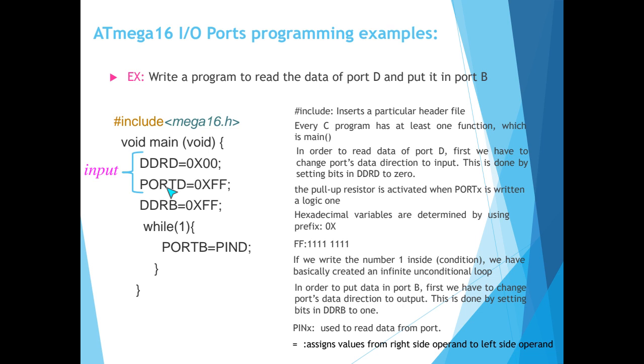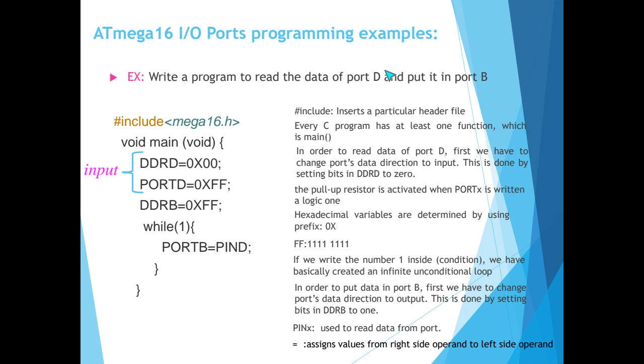Anyway, I continue the programming. As you see here, by using the DDR register, I configured our port as input because we want to read the port D register data.